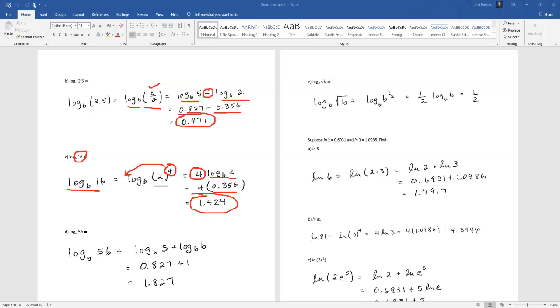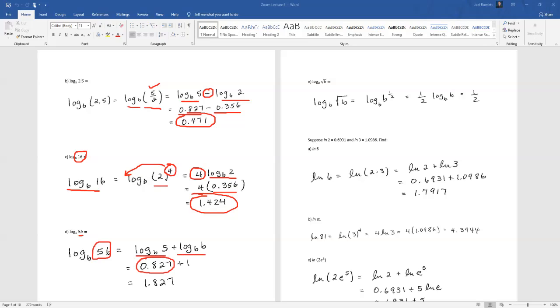We're looking for log base b of 5b, and this is a product. So I could actually expand this to be equivalent to log base b of 5 plus log base b of b, which is property 1. And we know that log base b of 5 is 0.827. That was given to us on the other page.